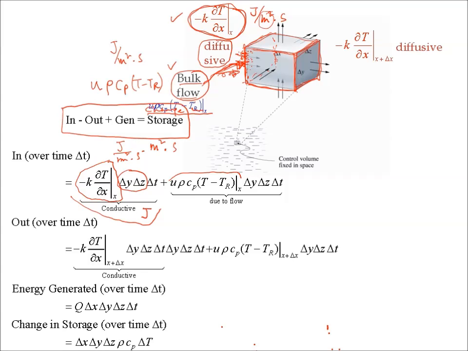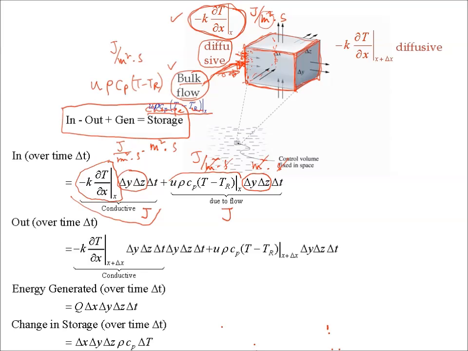But that's per unit area, so it needs to be multiplied by area and time. This is joules per meter square per second, this is meter square, and this is seconds. So if these cancel, then we get joules again. So these are the joules that have been brought into this control volume over time delta T.